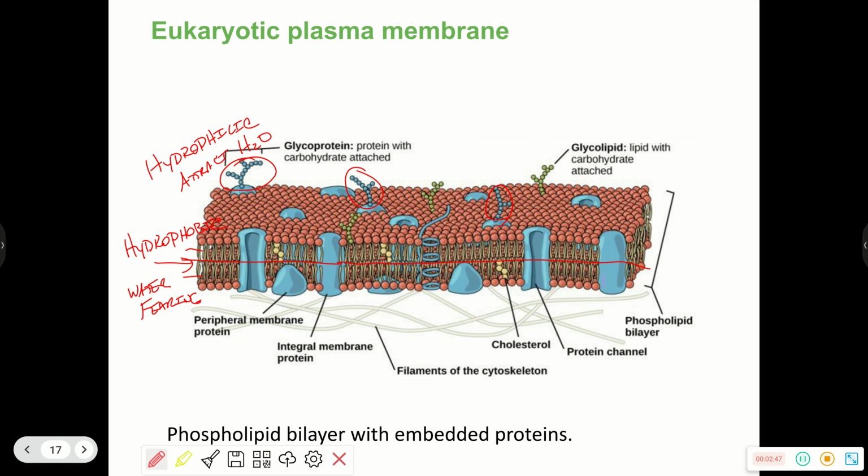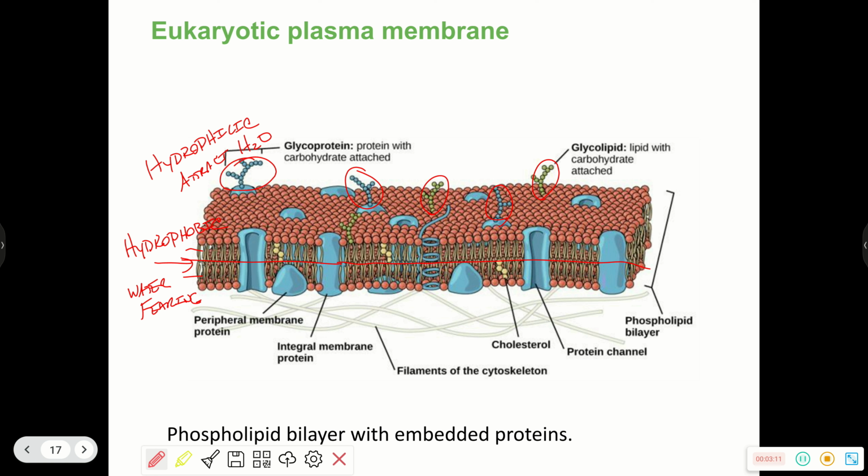So these glycoproteins are sugar proteins, okay? So they are a protein with a carbohydrate attached to it. The green ones are glycolipids, which means it's a lipid with a carbohydrate attached to it, okay? And these all help the cells gain and gather what they need to bring into the cell itself, okay?